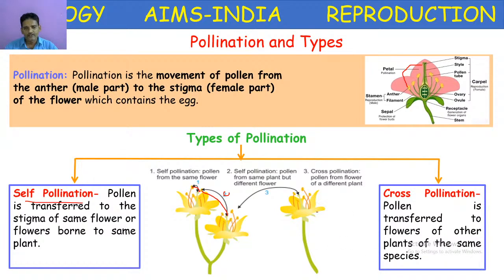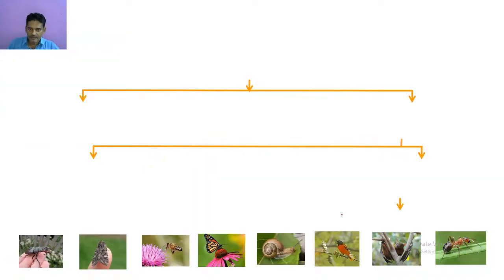If the pollen transfer takes place from the flower of one plant to another plant of the same species, then it is called cross-pollination. Most plants prefer cross-pollination. Why? Because cross-pollination has the chances of genetic recombination, and new characters may be produced in the offspring.